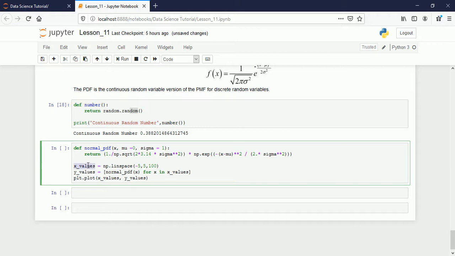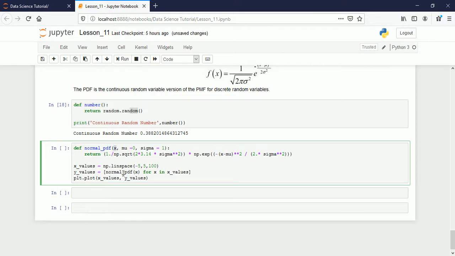This is the x value, and I specify the range here from -5 to 5. You divide those numbers into 100 pieces. From -5 to 5, how many values do you want in between? I want 100 values in between, and that value I am passing to this x.